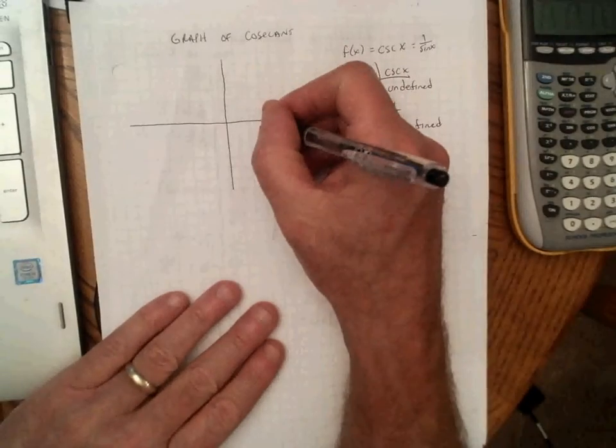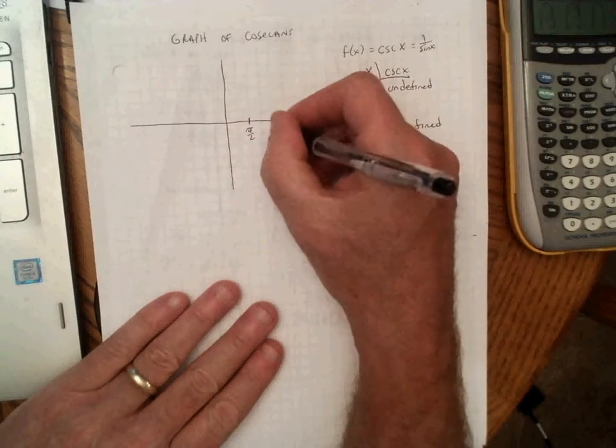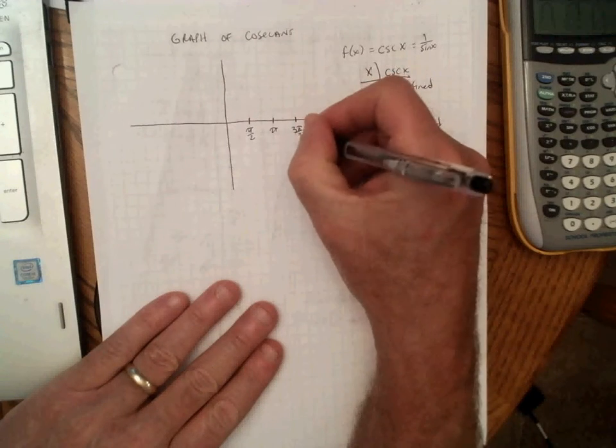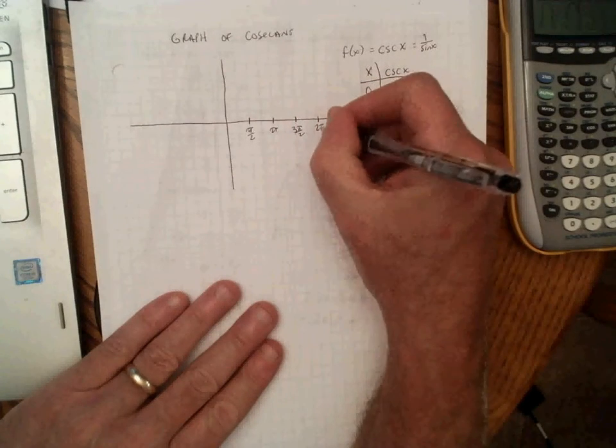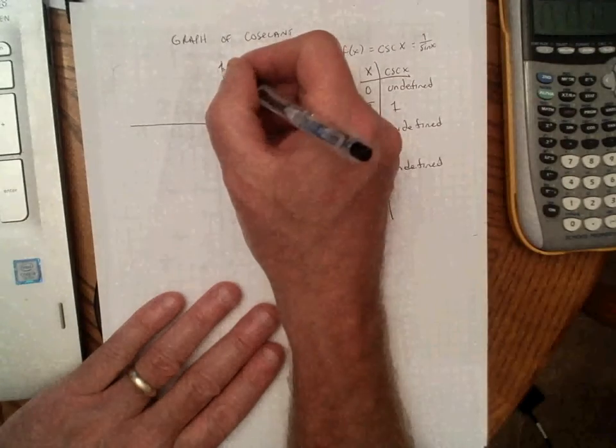Let's mark this. It's pi over 2, pi, 3 pi over 2, 2 pi, and again 0 is undefined, so we're going to have an asymptote when x equals 0.